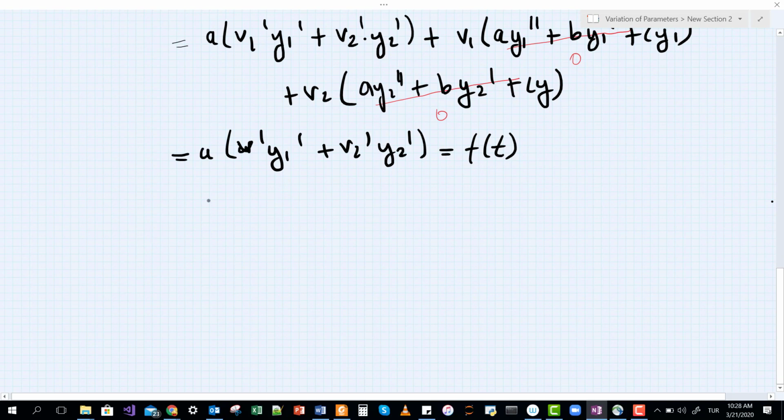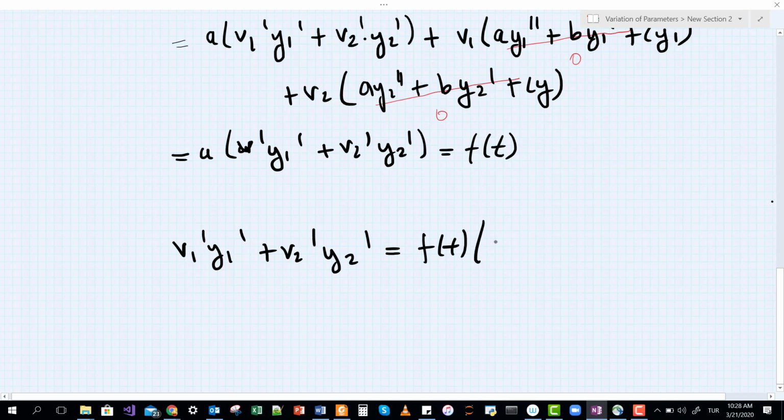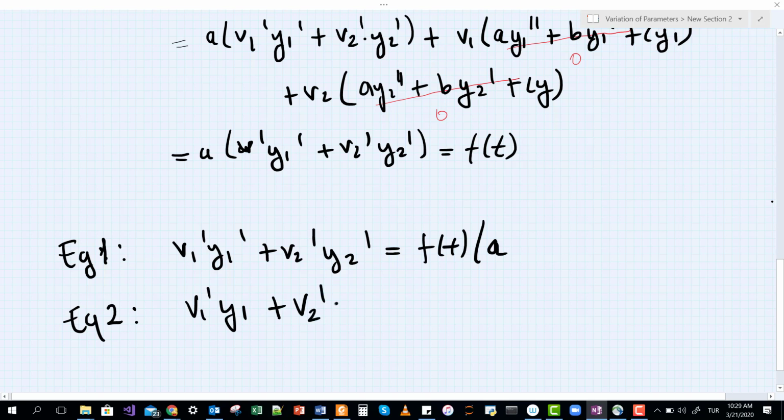The first one, let me write this one first. If I divide both sides by a, I will have v1 prime y1 prime plus v2 prime y2 prime, which is going to be equal to f of t over a. And I'm going to name this one equation 1. And equation 2, guys, remember, I assumed that was 0.